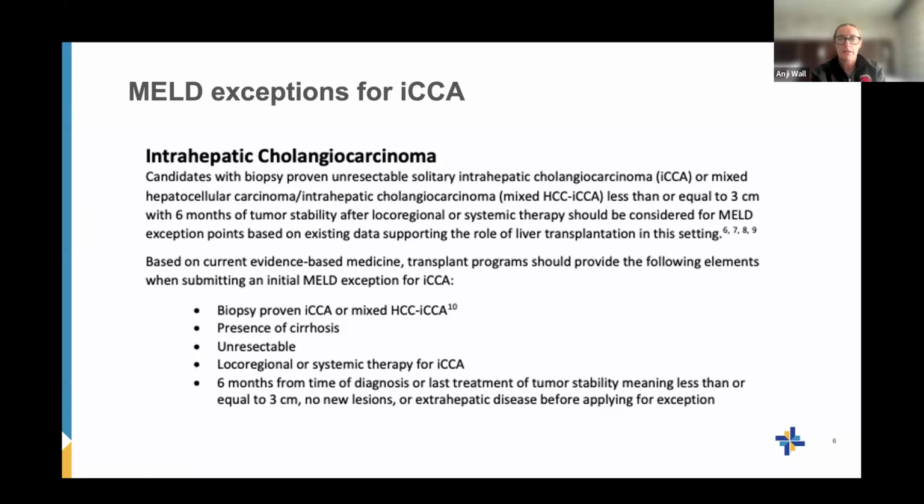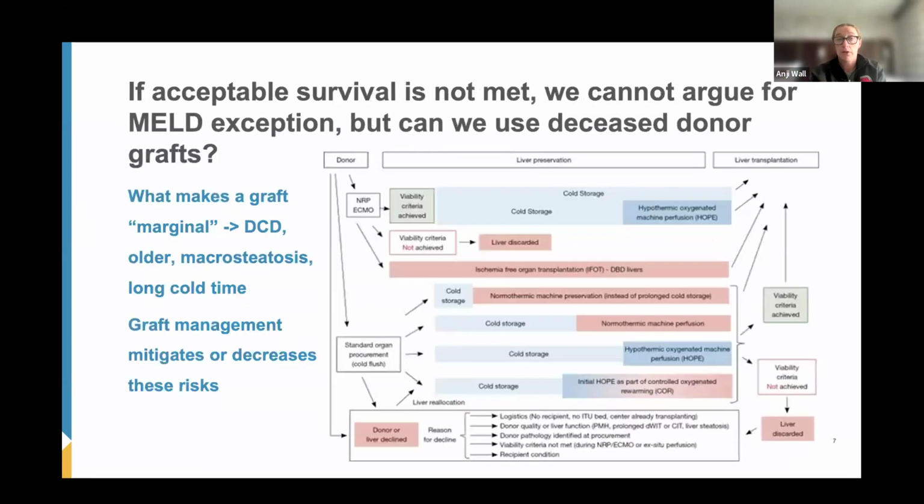What that means is that there are two pathways. If you get MELD exception points, which is median MELD minus 3, it means your patients have a good chance of being competitive for a reasonable liver graft. But you also have patients that you think will benefit from transplantation with a deceased donor graft that don't meet these criteria or will not get MELD exception points.